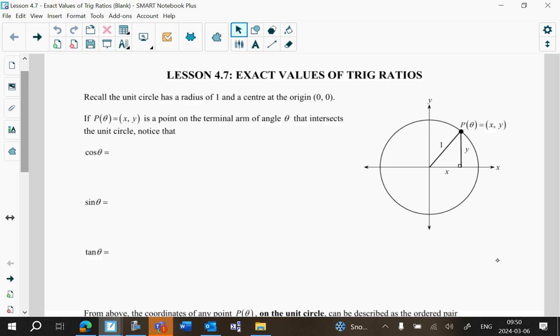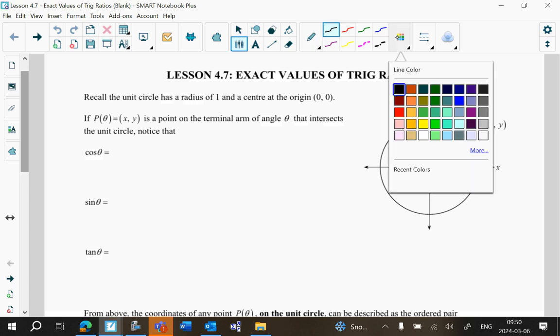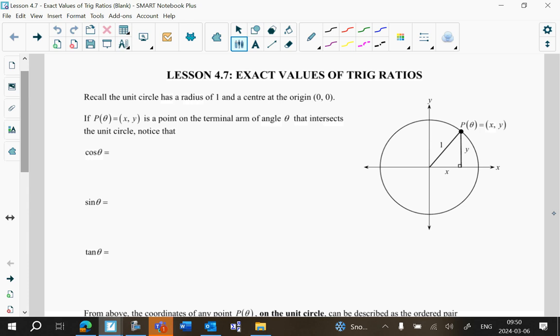But to put the trig in here, okay, think SOHCAHTOA. How do you find the cosine of any angle? Adjacent over hypotenuse.